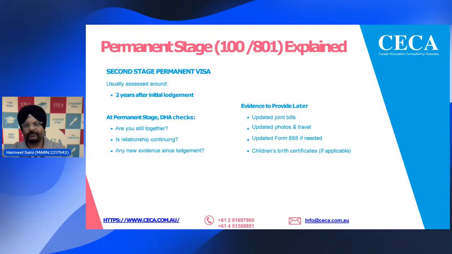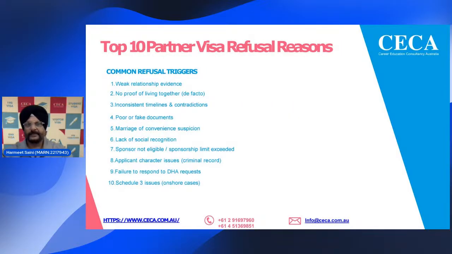So you can provide, while lodging this visa, updated joint bills, recent photographs and travels, and you can also share an updated 888 form as well. And if you have any children during the relationship, you can also provide the birth certificate of the child when lodging this subclass, and then the permanent stage is granted accordingly.